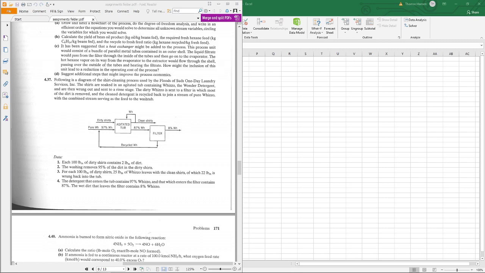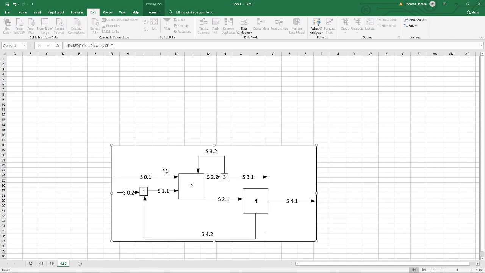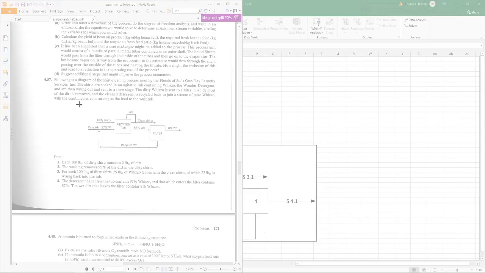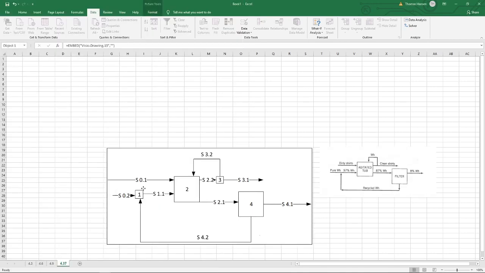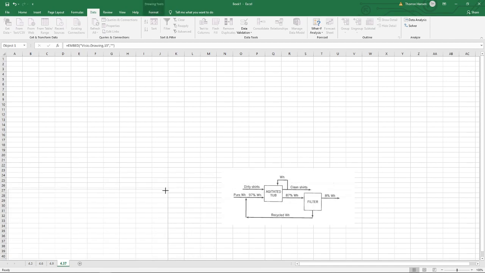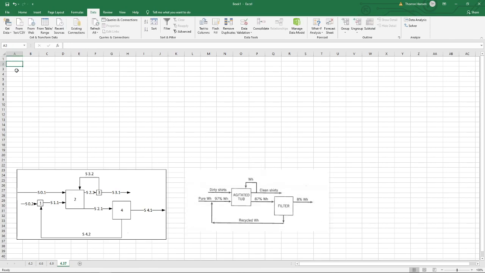So I have cheated even more than usual. If we go back here and we say this is our 437, I have made a small drawing, and just for the heck of it, we will just grab that drawing as well, just so we have it for reference. I hope this is big enough for you to see.